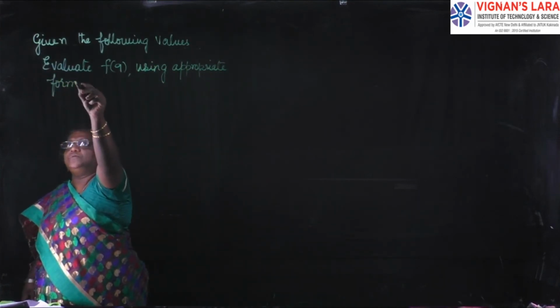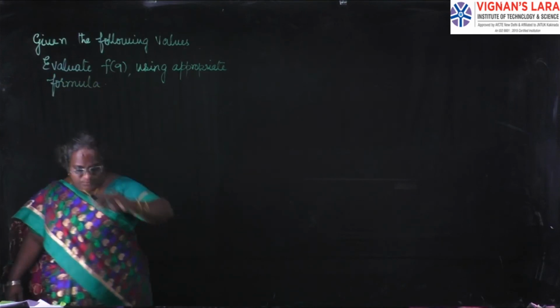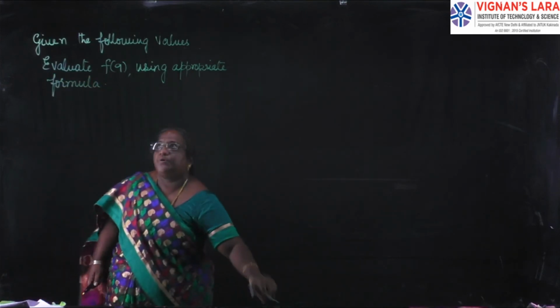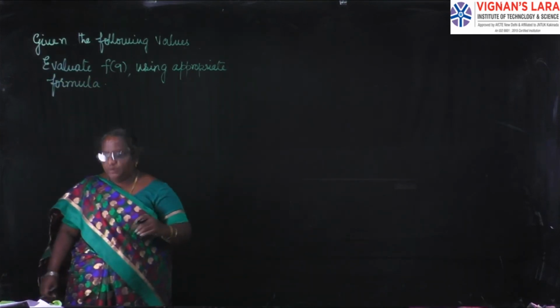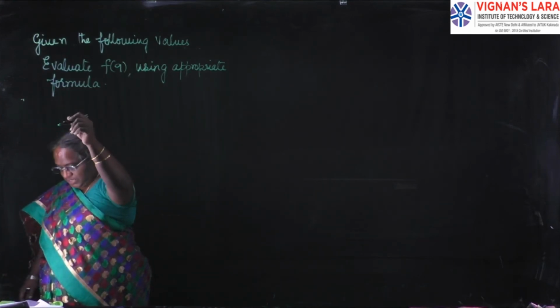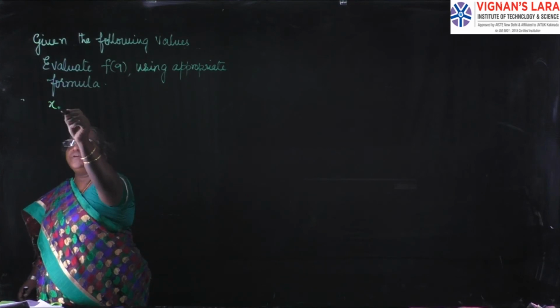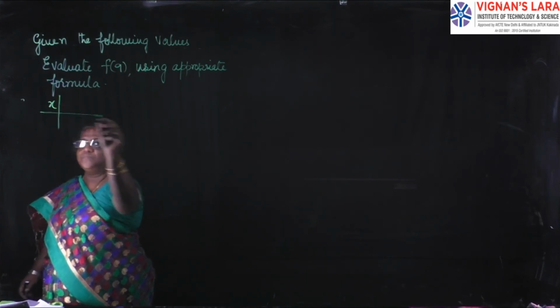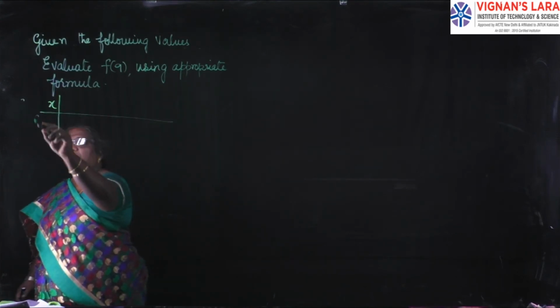It means you have to decide which formula suits this problem. Definitely this is a problem under the 4th unit. You can understand what method you have to use. So see the tabular values given here, x and corresponding to x, f of x.